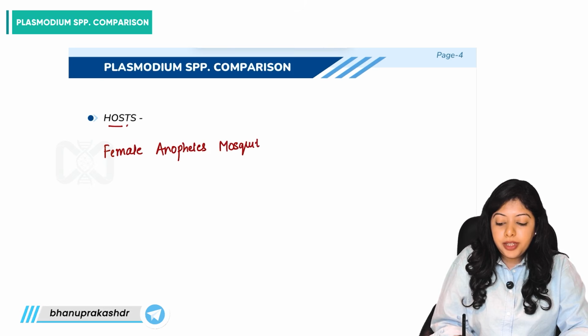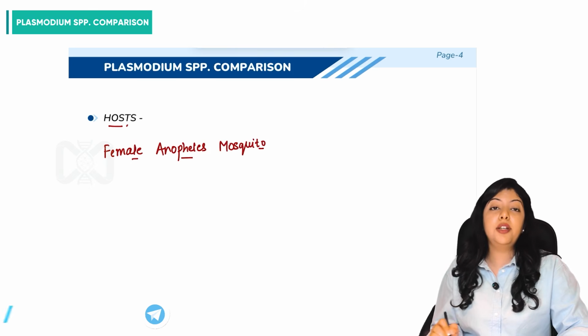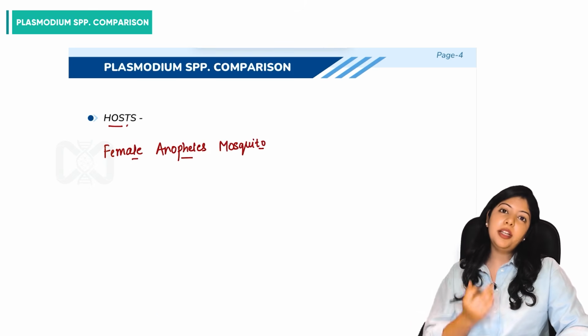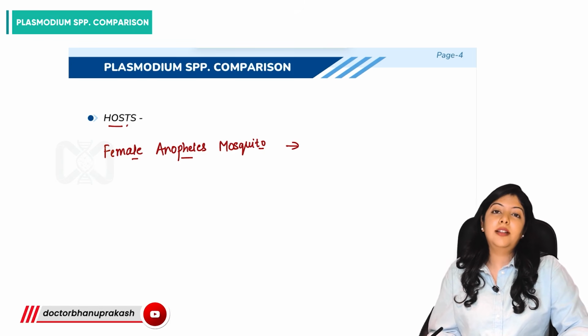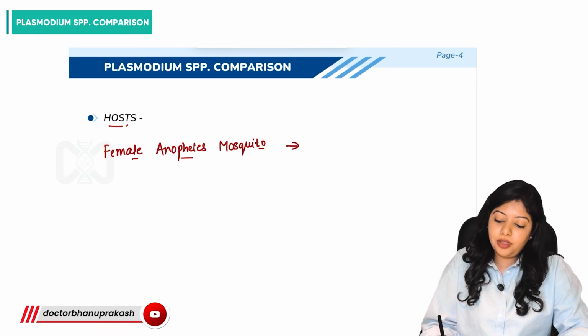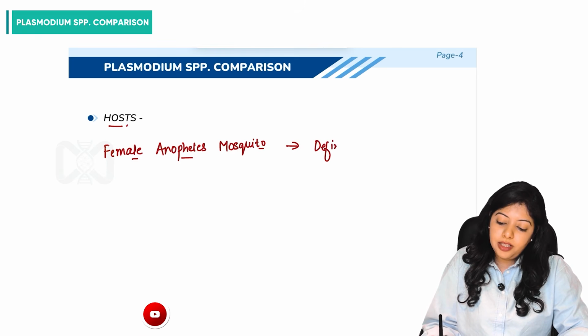And how do we not get confused between definitive host and intermediate host? Females usually host parties and they serve Alfonso mangoes, right? So they are the hosts, the definitive hosts.